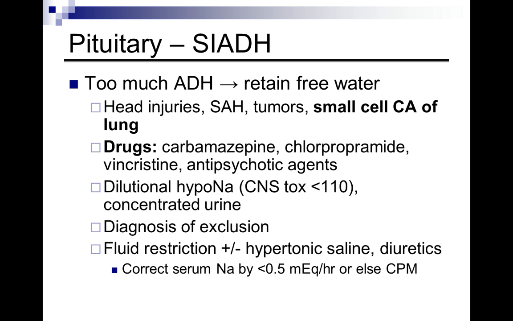And the treatment is fluid restriction, plus or minus treatment with hypertonic saline or diuretics. Remember that we want to correct this hyponatremia gradually, ideally by less than half a milliequivalent per hour, and rapid correction of hyponatremia can lead to central pontine myelinosis.